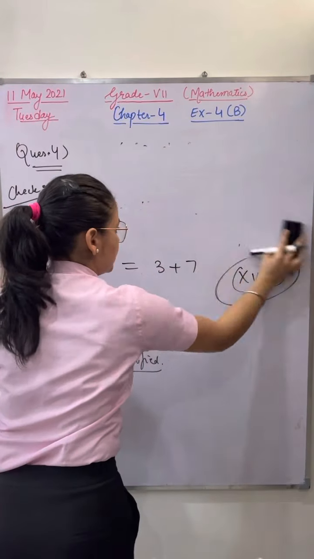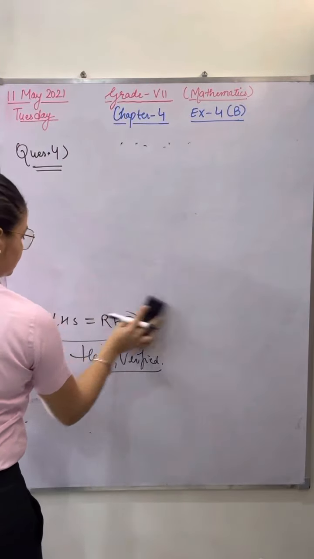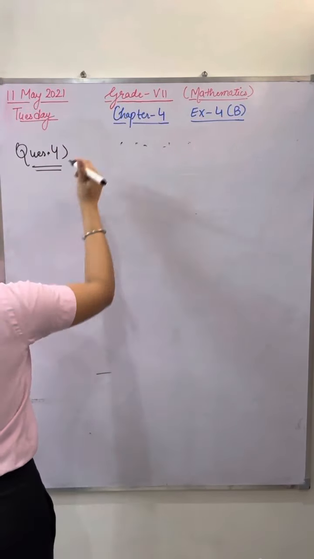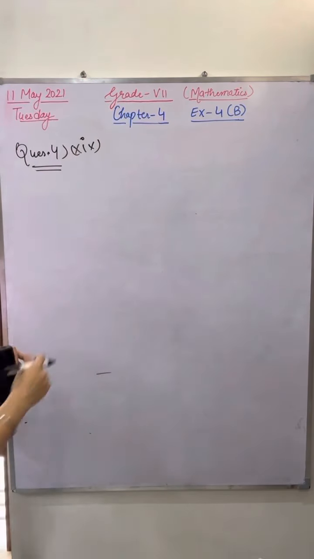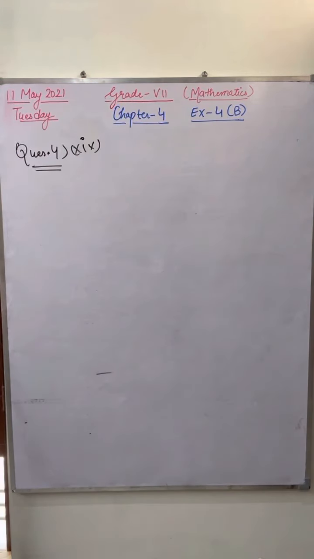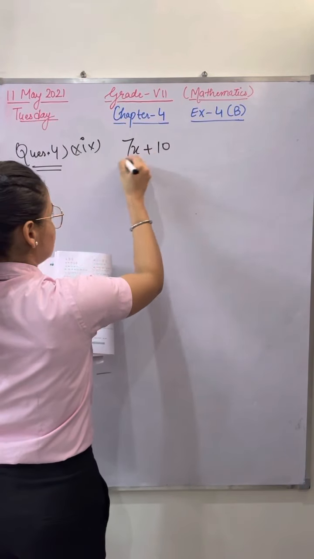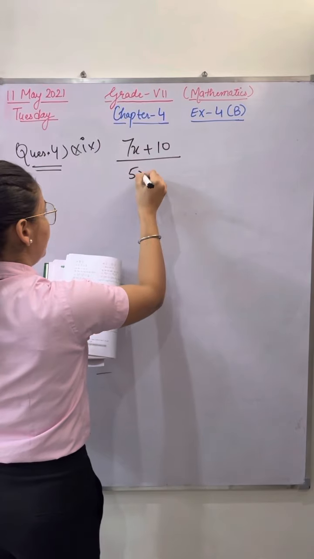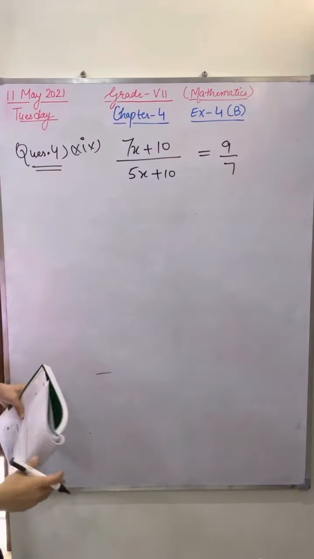Now the last question of this exercise is the 19th part, right? 7x plus 10 upon 5x plus 10 is equal to 9 upon 7.